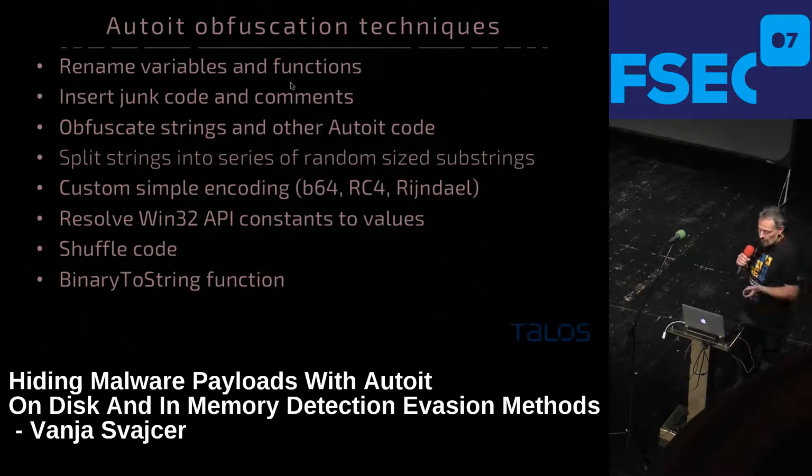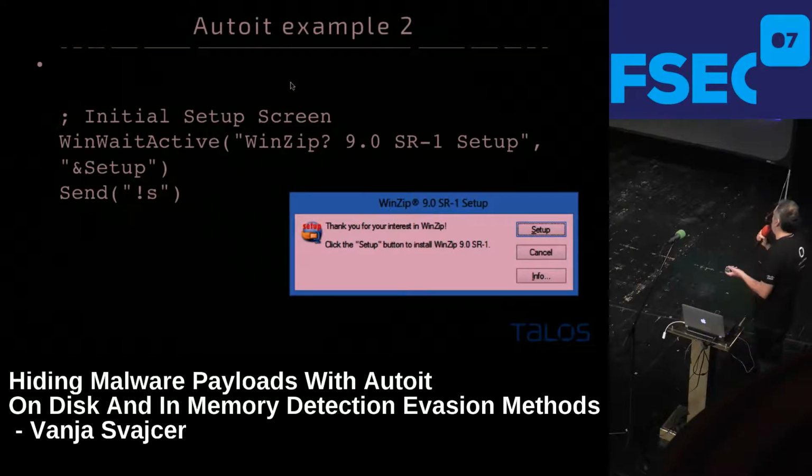So those are the classical ways they're trying to use it, and an example is this: you have 2 lines of code which just launch and wait for WinZip to be active. That's taken from the AutoIt help file that shows how to automate user interfaces, and then you send an Alt-S keystroke to continue the setup.